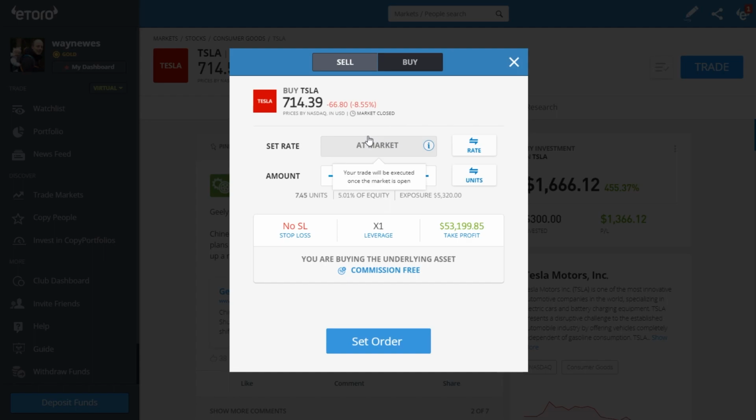Now be aware, if you were to do this at market price, when the market is closed, the price shown is the last price it was before the market closed. This is not the price that you're buying at. This is very, very important. This is not the price that you're going to buy at if the market's closed and you click at market.